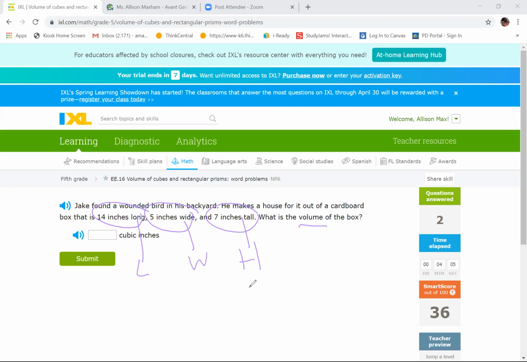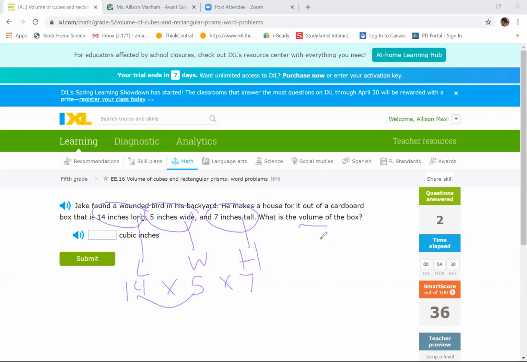Let's multiply. 14 times 5 times 7. You can put these in any order that you want. You can do 14 times 5 and then multiply by 7, or you can do 7 times 5 to get 35 and multiply that by 14. However you want to multiply is perfectly fine.